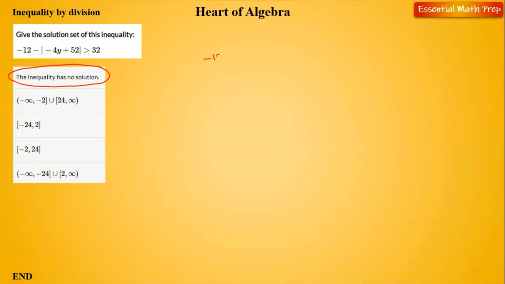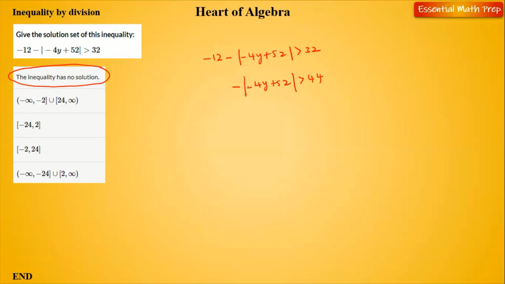So we have negative 12 minus the absolute value of negative 4y plus 52 greater than 32. This problem is actually easier than you may have imagined it to be. First, let's go ahead and get rid of the negative 12 by adding 12 on both sides, which would leave you with negative absolute value of negative 4y plus 52 greater than 44.